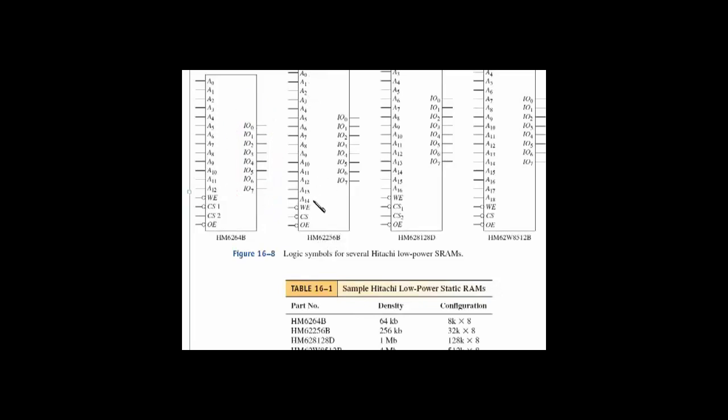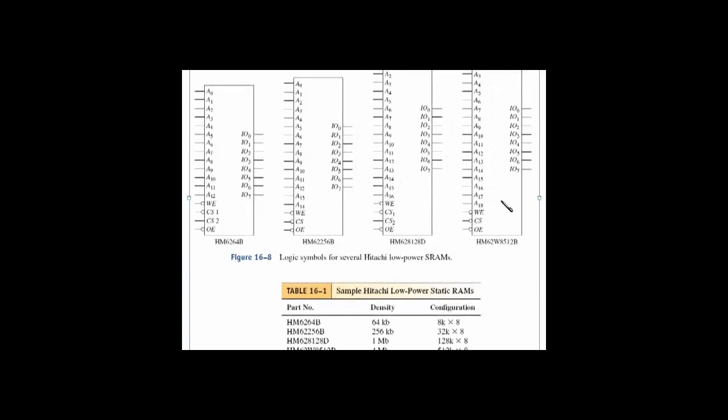That's 2 to the 15th power. That's where you get the 32K, and so on, and they get larger and larger, and they're even larger than that nowadays too. So it's up to you to look on the internet and search out some static RAM chips, and you can look at the latest configuration that's used inside your digital system.